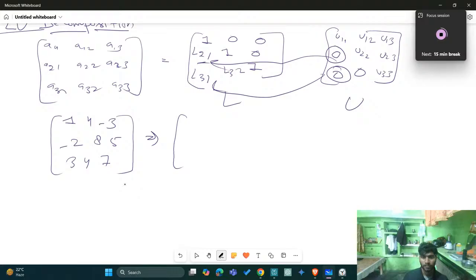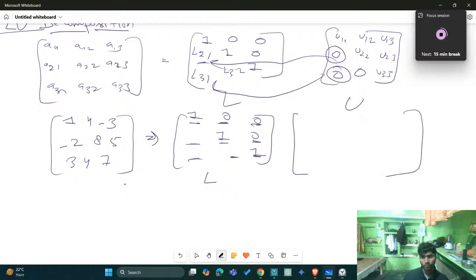We have L, this is the matrix. For this, we have 1 here, 1 here, and zeros here. This is the L part, the lower part, and this is the U part.